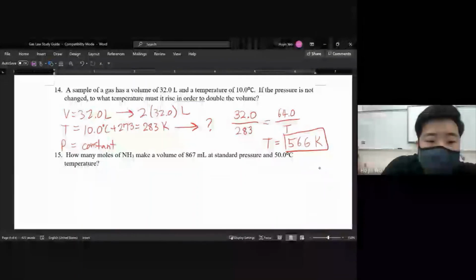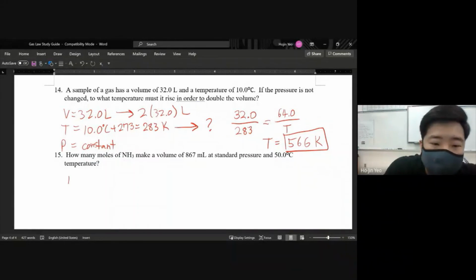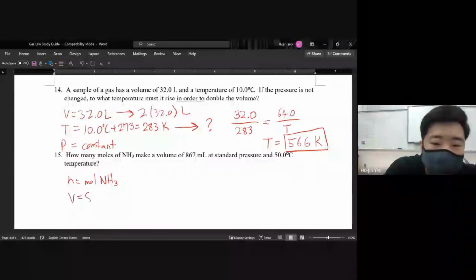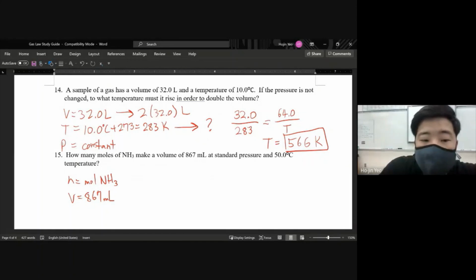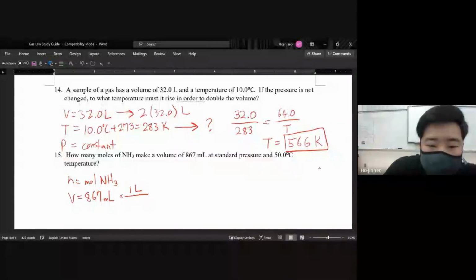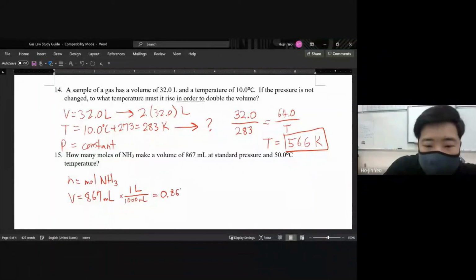Now, last but not least, how many moles of NH3? So we're looking for the moles of NH3 that makes a volume of 867 milliliters. Now, here's the thing. Volume has to be in liters, so I'm going to multiply this by 1 liter over 1,000, which will give you 0.867 liters.